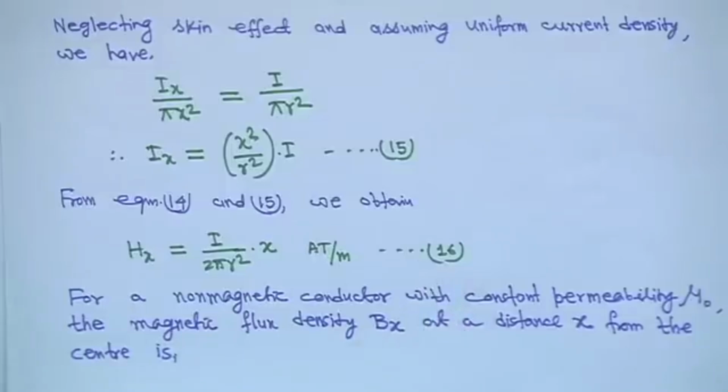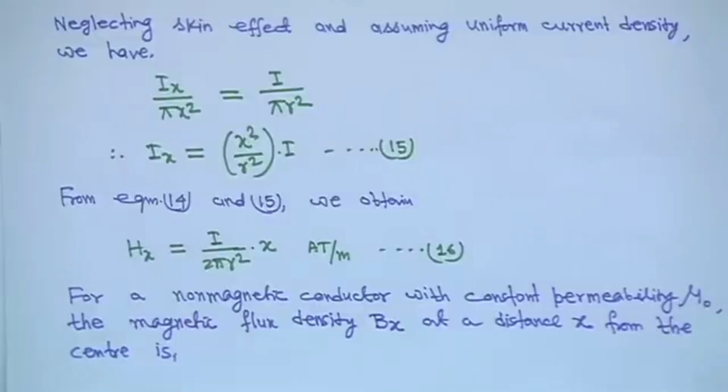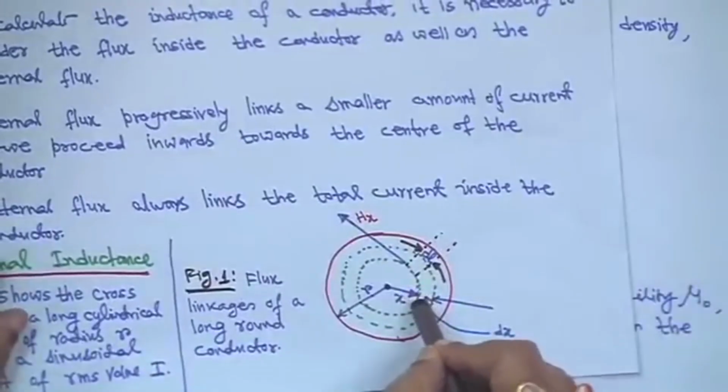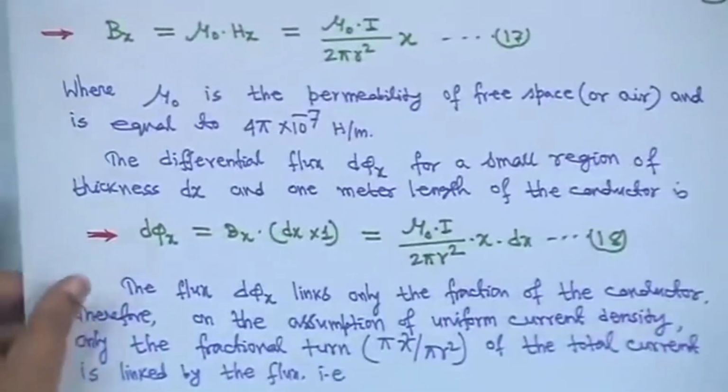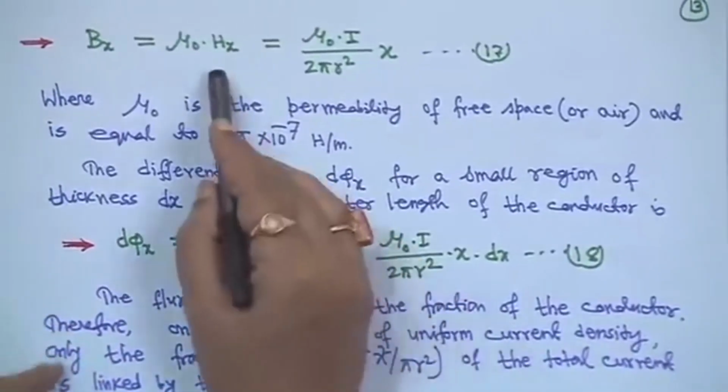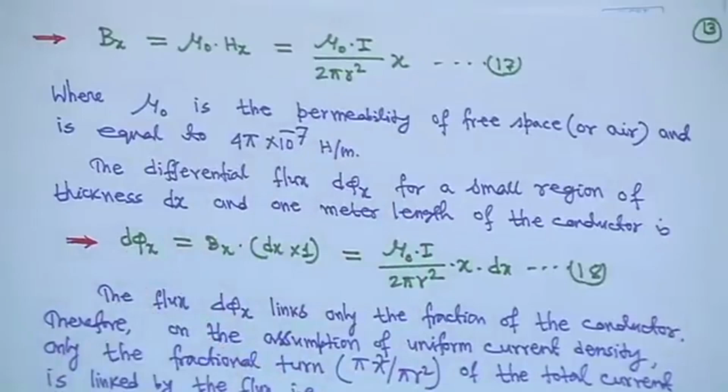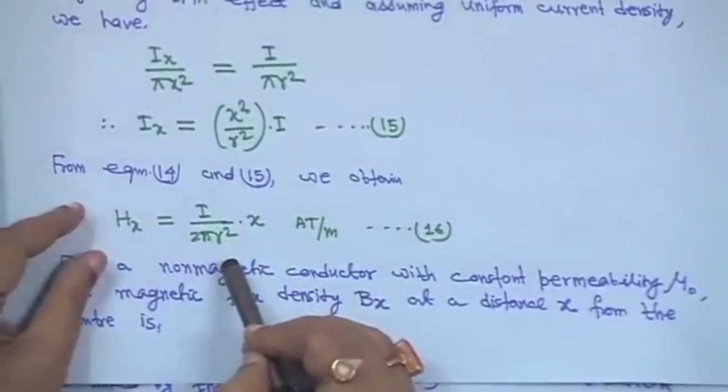For a non-magnetic conductor with constant permeability mu 0, what will be the magnetic flux density B x at a distance x from the center? B x is equal to mu 0 into H x, and H x is equal to I upon 2 pi r square into x.